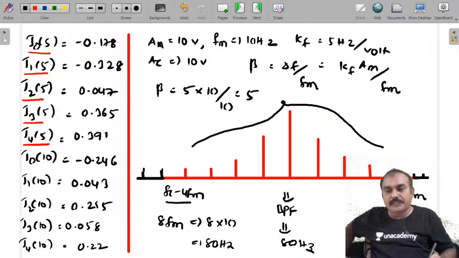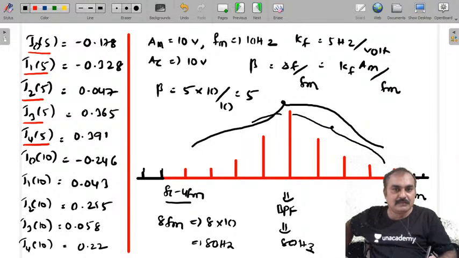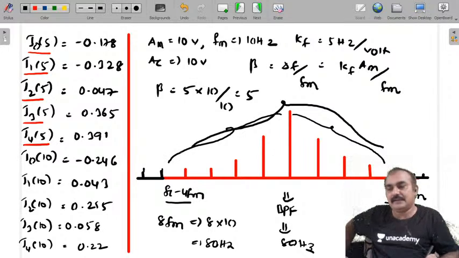So we need to add the values from FC minus 4FM up to here only, because the bandwidth is only 80.